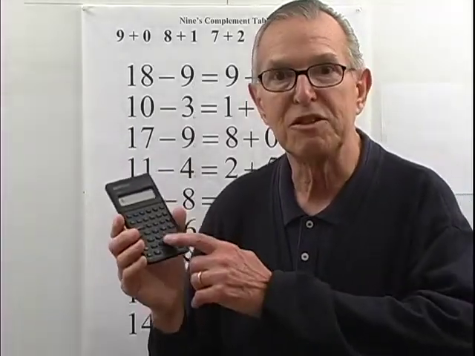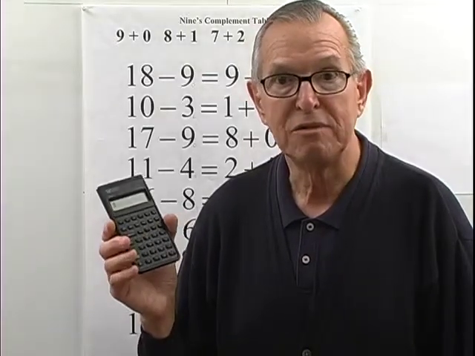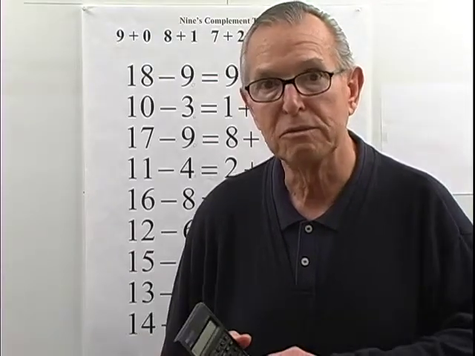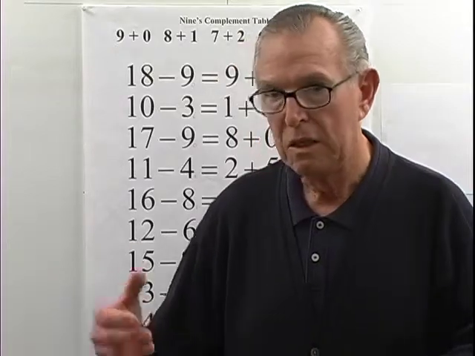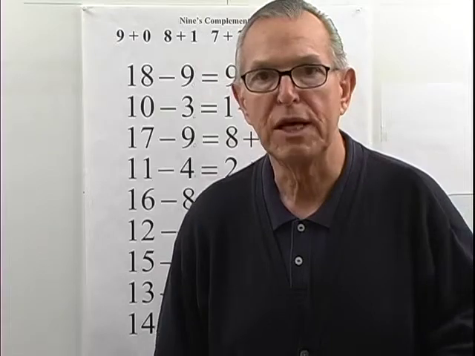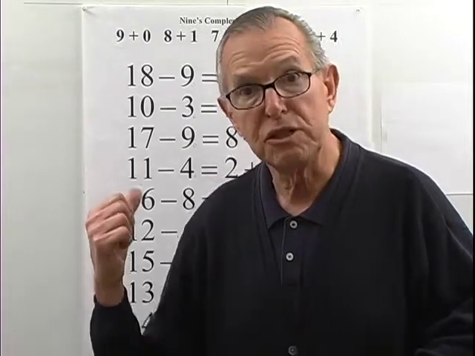Everybody is aware that this calculator does subtraction for all numbers. There's no restriction. So we're going to do that too. Now in our next clip, we will construct a subtraction table to show that it really is quite easy to do using this algorithm.